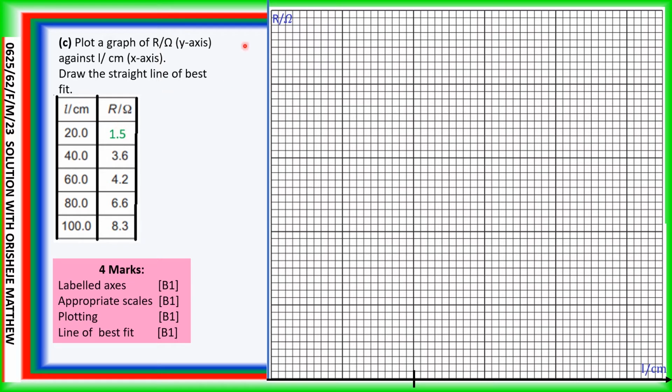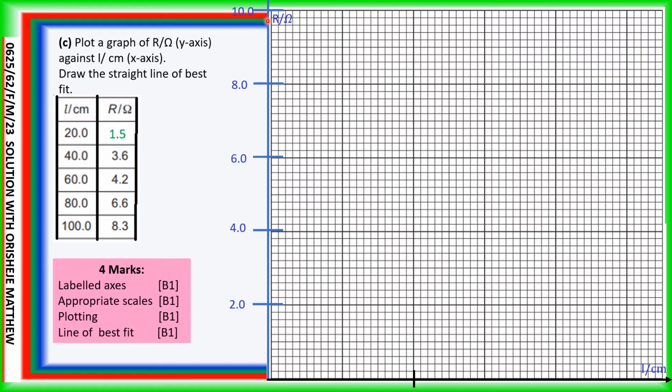So this is the vertical axis, the resistance. The resistance of the wire, you have the lowest value of 1.5 ohm and the highest value is 8.3 ohm. So you can share it into this axis. So this here will be 2, 4, 6, 8 and 10.